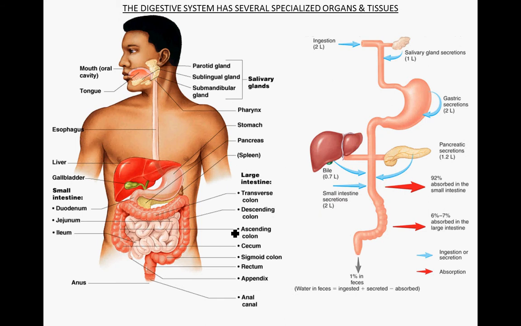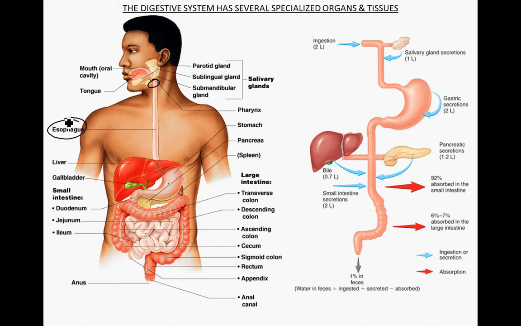So let's get started. Here are two images that we've seen in class already about the digestive system with its specialized organs and tissues. We're going to be thinking of the digestive tract, the GI tract, as this tube that starts here at the pharynx, then the esophagus, the stomach, the small intestine, and the large intestine, which is what we'll be describing today.